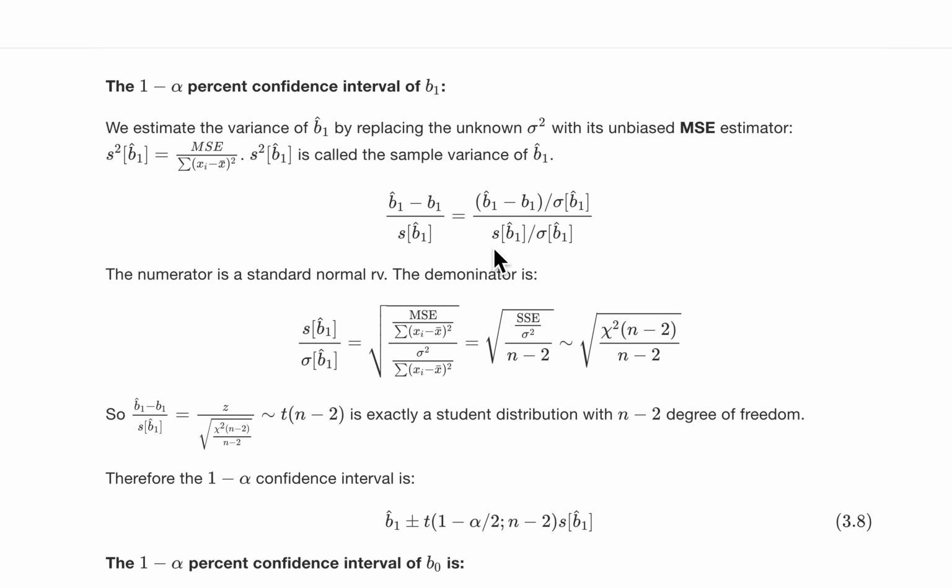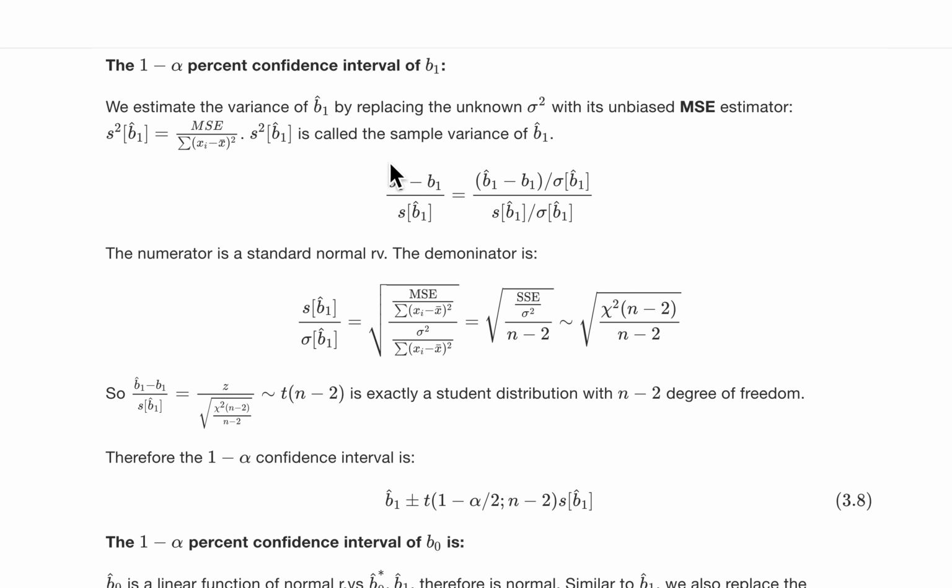So let's look at the sample variance of B1 hat and the actual variance of B1 hat. When we simplify that, it's actually a chi-square of n minus 2 divided by n minus 2. And so B1 hat minus B1 divided by its estimated standard deviation becomes a t-distribution.